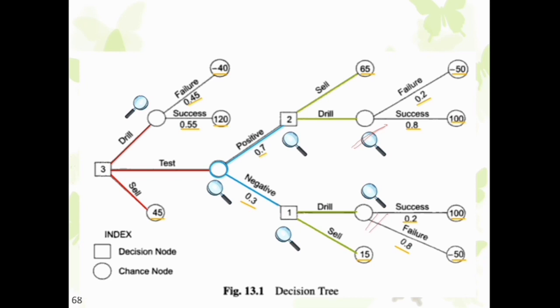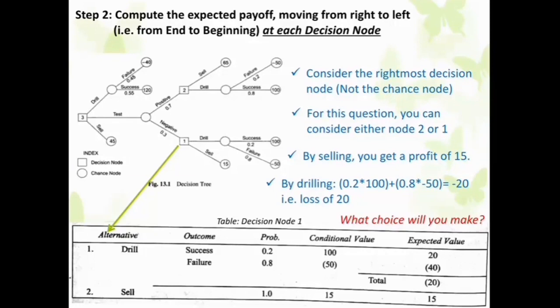So this is all about constructing the decision trees. The next step is computing the expected payoff at each decision node, moving from right to left, that is, starting from the latest decision node and ending at the initial decision node. For this problem, we actually have two decision nodes, nodes 2 and 1, which are parallel and having the same importance.